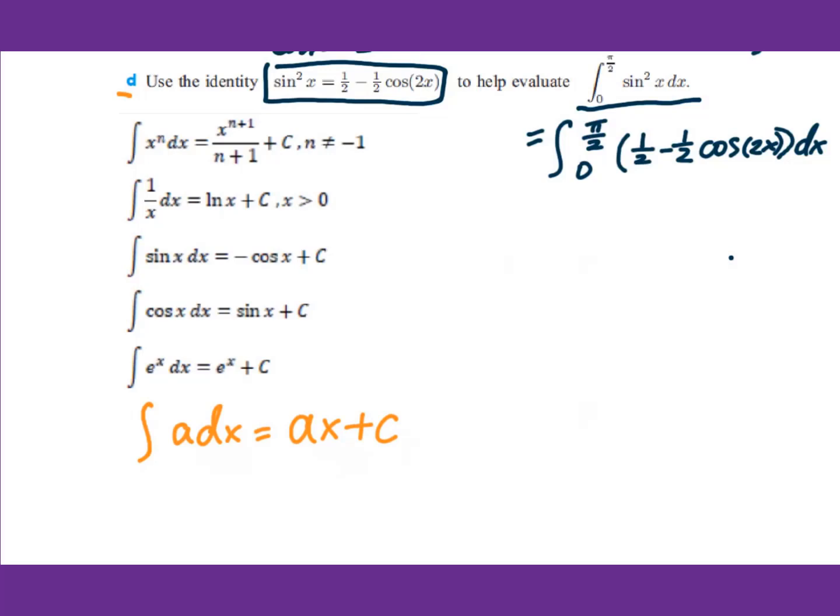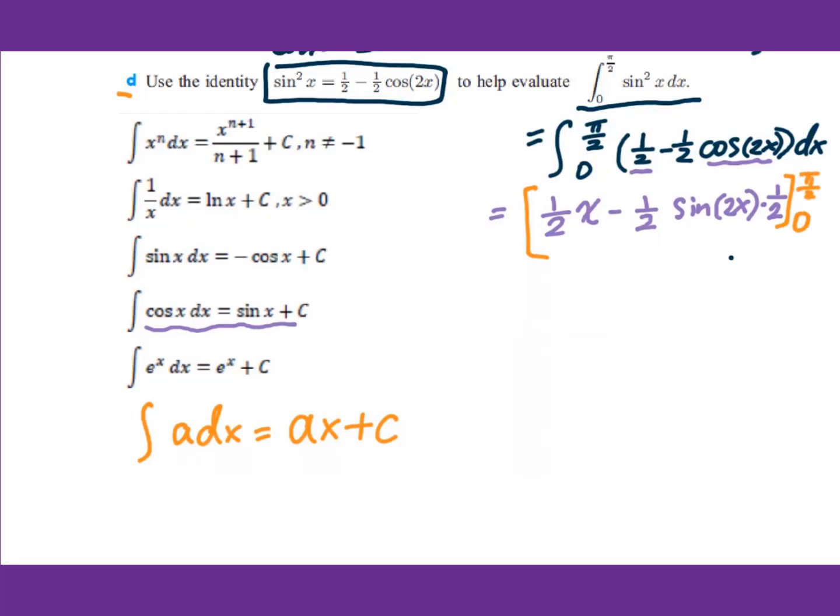Therefore, for 1/2, you will get 1/2 x, then minus 1/2. For this one, you go to use this formula, that is a sin 2x. Don't forget this 1 over a, that's 1 over 2. Then from 0 to pi over 2.